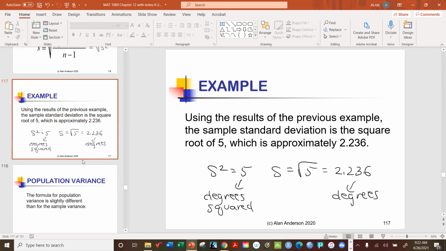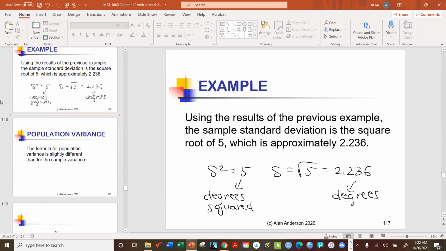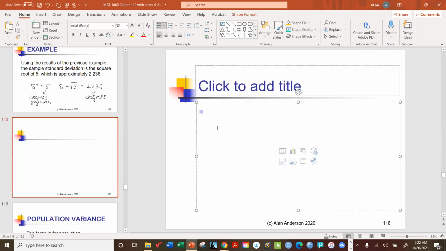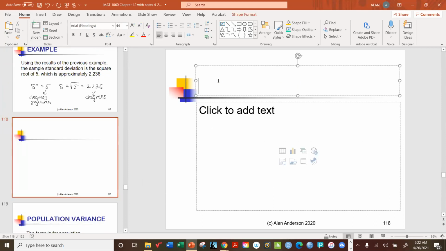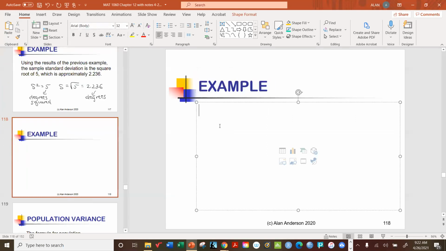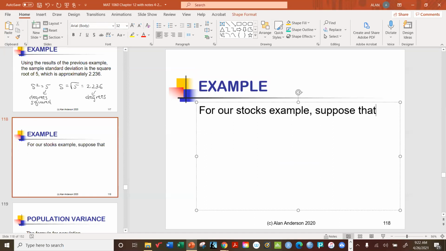All right, so let me throw in another example. So that's our temperatures example. Now with our stocks example, suppose that we have the following data.